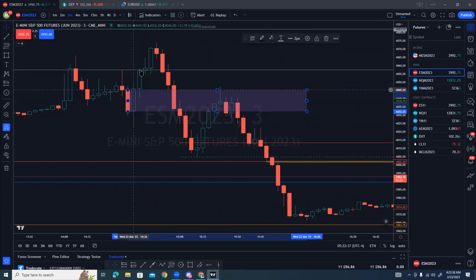Order block becomes a breaker, right? So it's an order block here because we have the last down close candle that took liquidity, and then price moved immediately from it, making new highs. Order block. It becomes a breaker block when price comes and breaks back down through it.